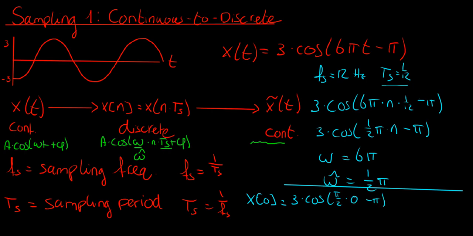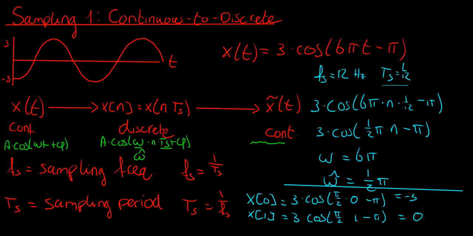So that is 3 cosine, and pi divided by 2 times 0 is 0, so just of negative pi, which is equal to minus 3. For x of 1, we get 3 times the cosine of pi divided by 2 times 1 minus pi, which gets us the cosine of minus a half pi, which is 0.